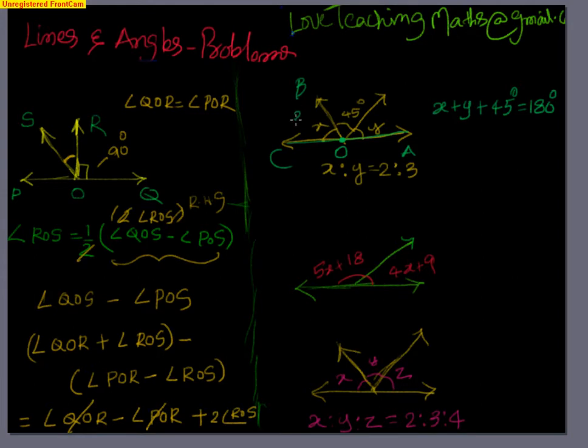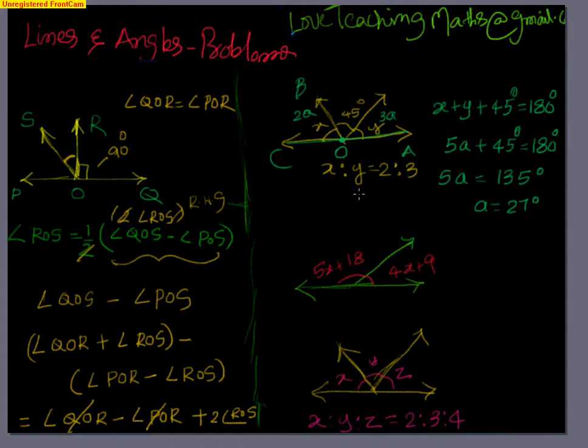So can I take them as, let me say, x equal to 2a and y equal to 3a. So this becomes 5a plus 45 equal to 180 degrees. That gives me 5a equal to 135 degrees, which gives me a equal to 27 degrees.